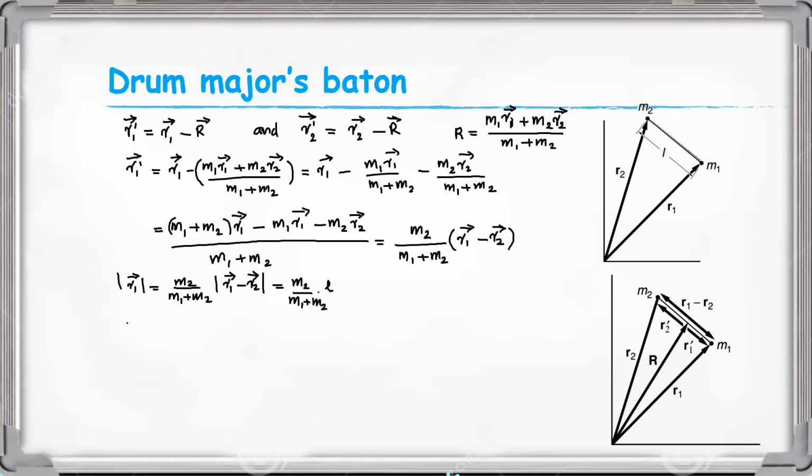And in a similar way, we can obtain R2 dash vector is equal to R2 vector minus M1 R1 vector plus M2 R2 vector divided by M1 plus M2, that is equal to R2 vector minus M1 R1 vector divided by M1 plus M2 minus M2 R2 vector divided by M1 plus M2.